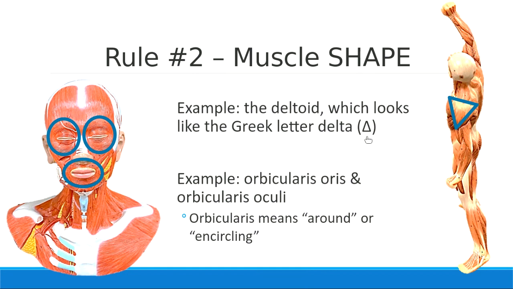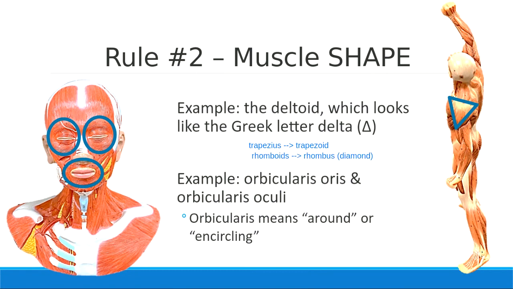Some other ones we could add to this list would be muscles like trapezius. It is shaped like a trapezoid. Oh, I spelled that one wrong. Sorry, guys. Trapezius. We didn't really make you guys learn these muscles, but there are muscles in the body called the rhomboids, and they look like a rhombus, which is like a diamond.